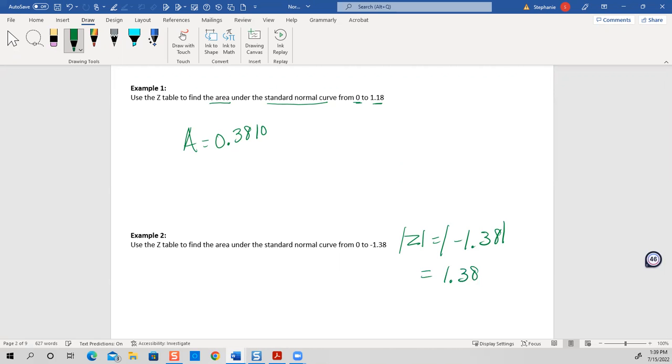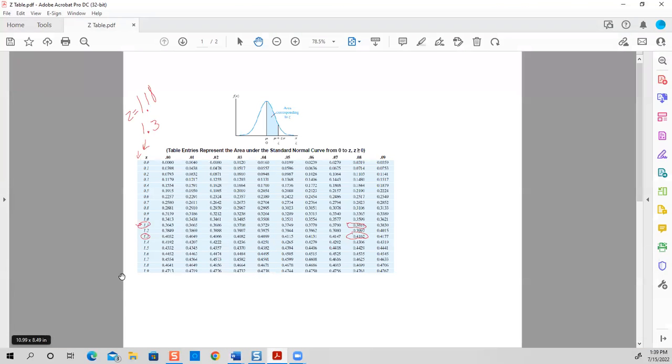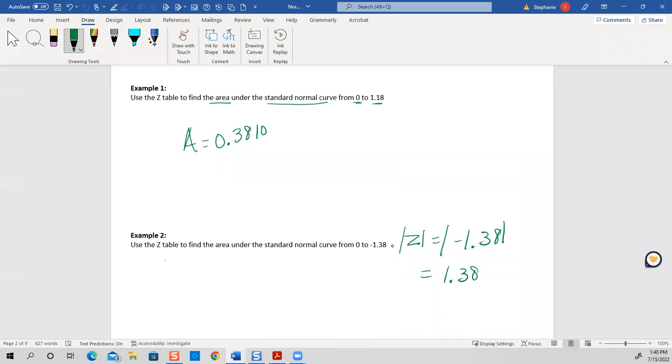So we're going to go back to that z-table. We're going to go down to 1.3, and as you notice, it's already circled here. And then we're going to go across to 0.08, and we get 4162. So the area is 0.4162.